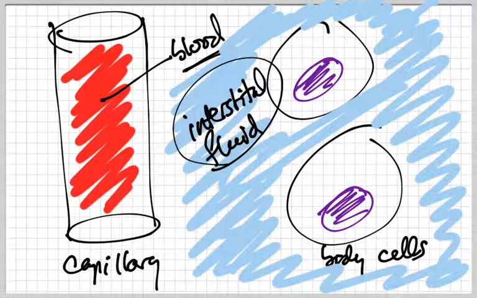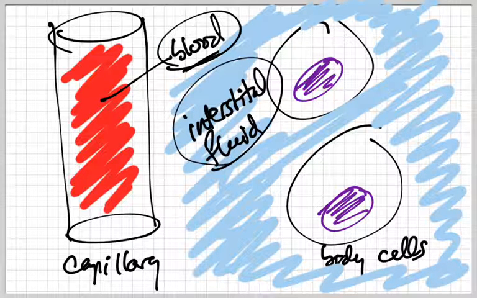So we have interstitial fluid that bathes our body cells, not the blood. And this is something unique of a closed circulatory system. The circulatory system is closed, and from what the word means we can infer that the blood will remain within this closed circulatory system, so it can't exit it.